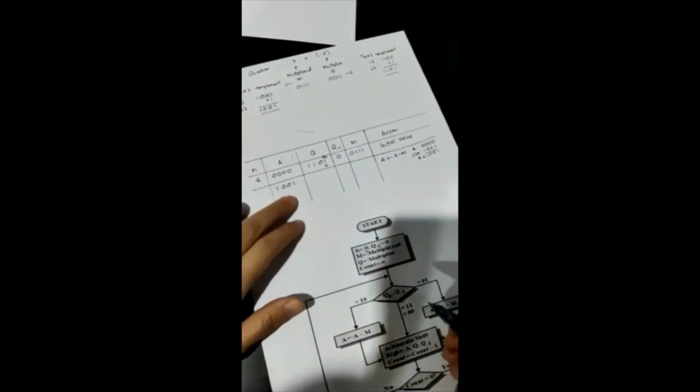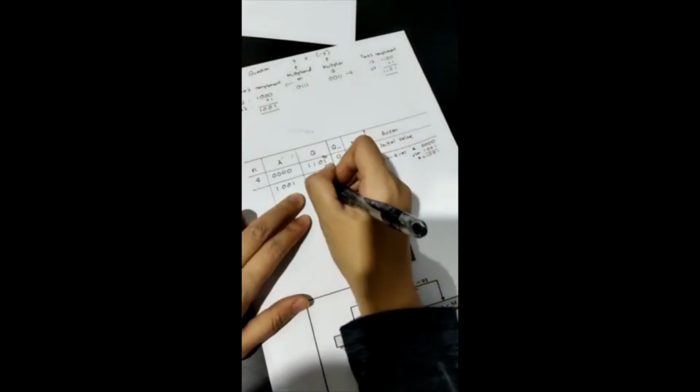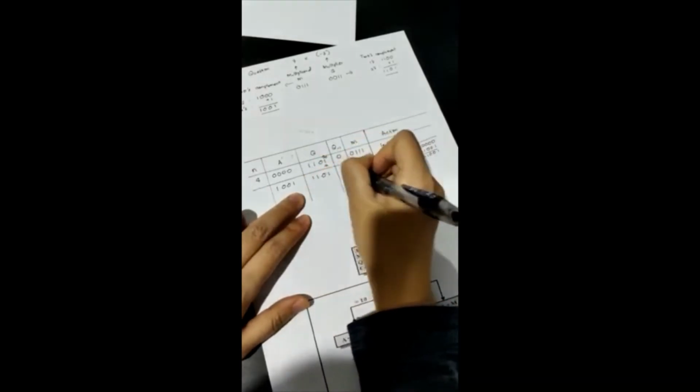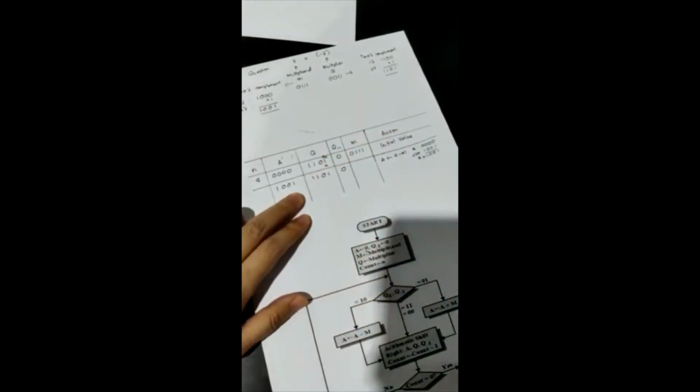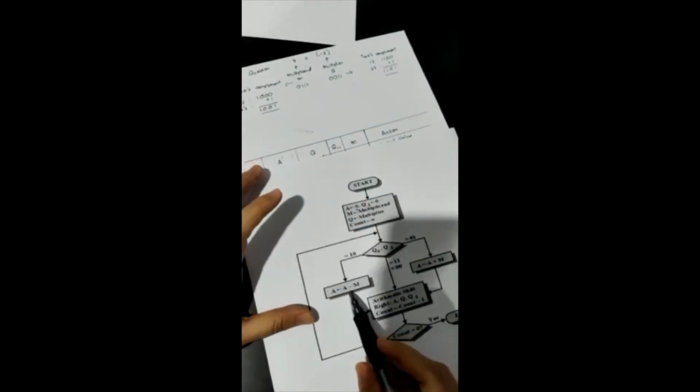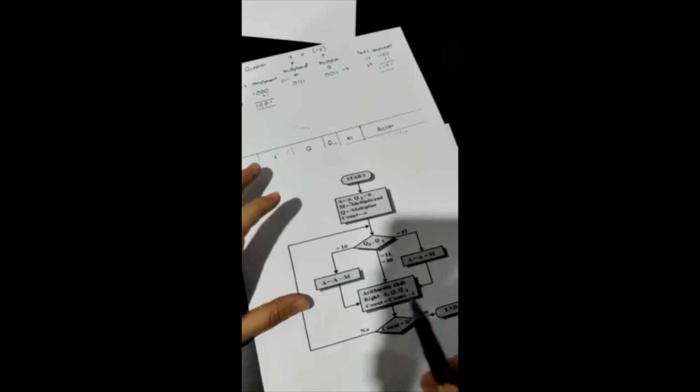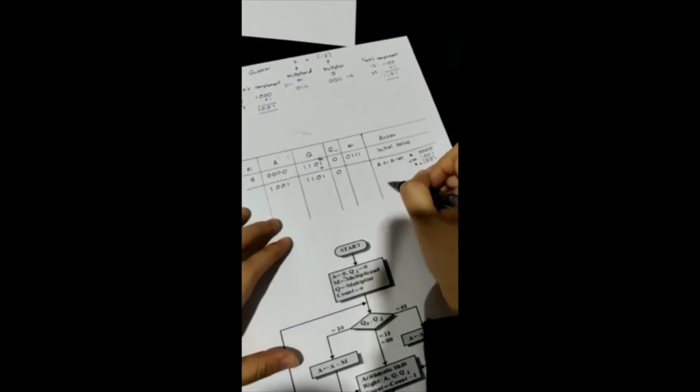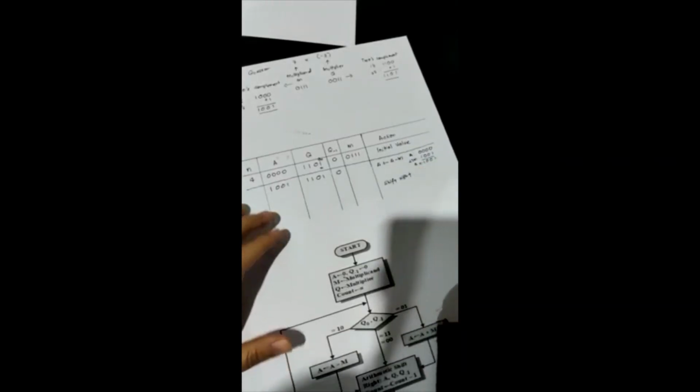The rest you just copy back: 1 1 0 1 and this one 0. So what's the next process after the subtraction? You need to do the arithmetic shift right. So the next action is you need to shift right.